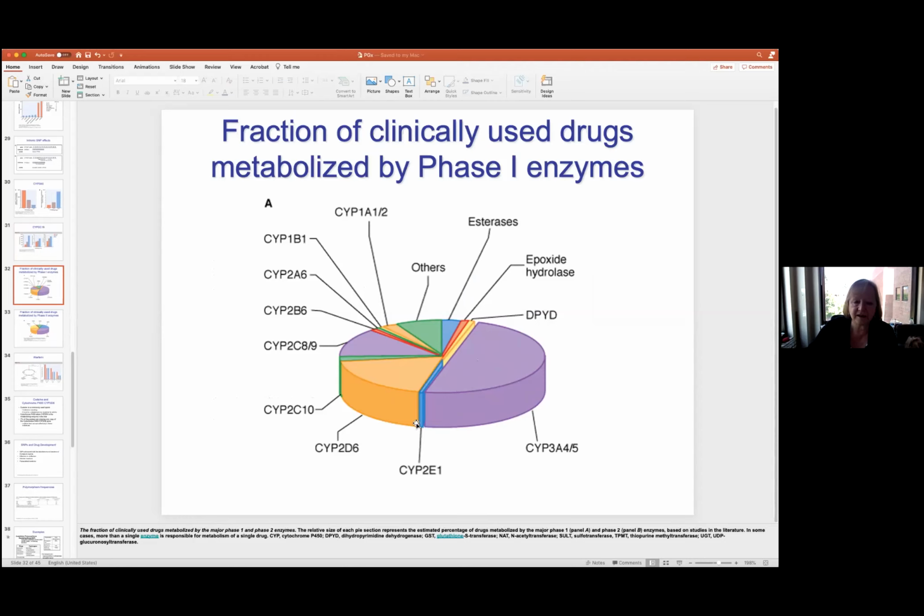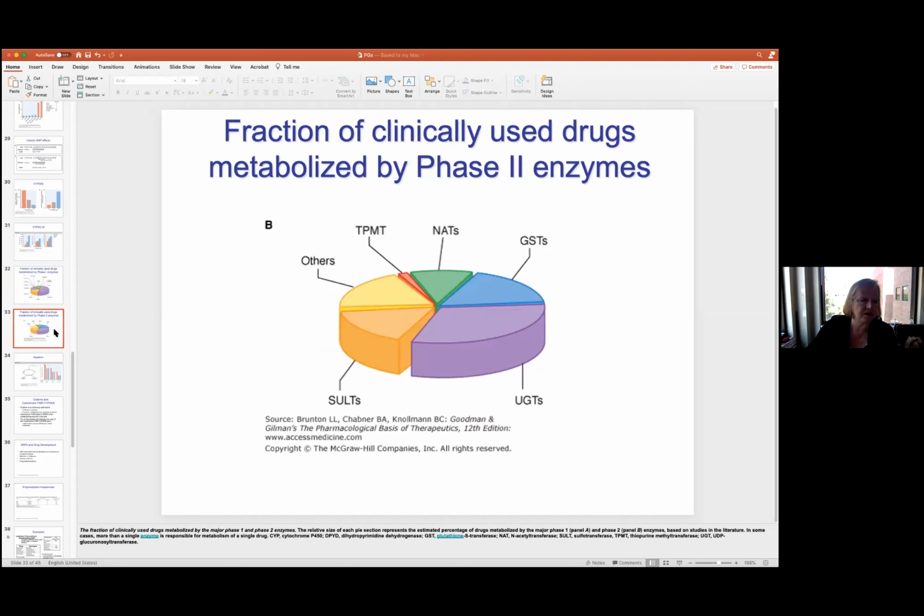CYP2D6 has the next big chunk. CYP2C8 and 9 has the next big chunk. There are others, but this tells you that CYP3A4 and 5 are really critically important. Therefore, the polymorphisms present in the genes encoding these enzymes are really important in understanding their effects on drug metabolism.